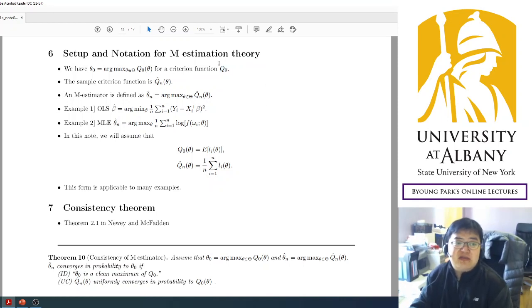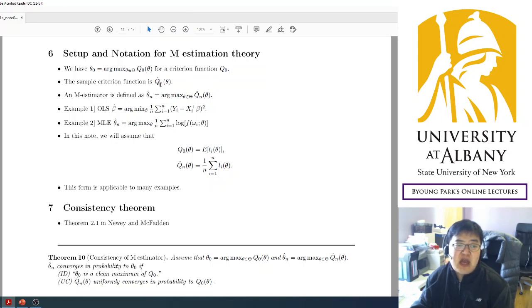Then our plan is we are going to estimate the criterion function first. Usually the criterion function is not available, so we need to estimate q0 by q hat subscript n.